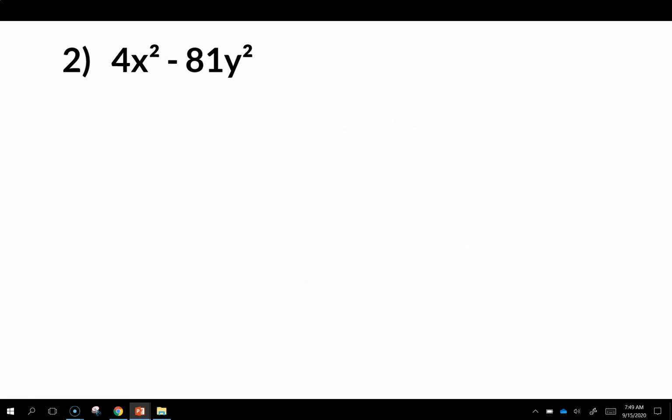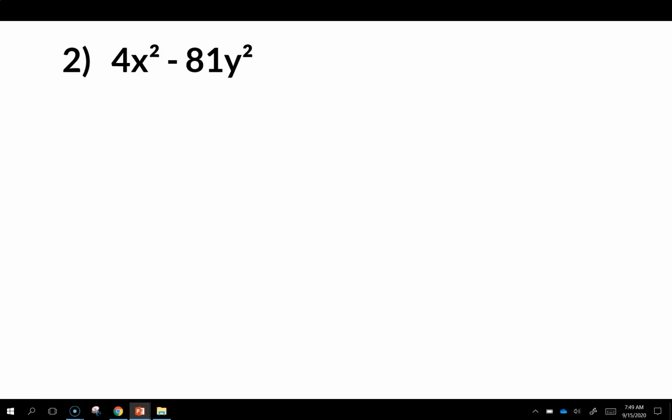All right. Here we have 4x squared minus 81y squared. Okay, so if we're looking at this, do we see perfect squares? Well, yes, 4 is a perfect square, 81 is a perfect square, x squared is a perfect square, x times itself. Y squared is a perfect square, y times itself. So the square root of 4 is 2. The square root of x squared is x. The square root of 81 is 9.